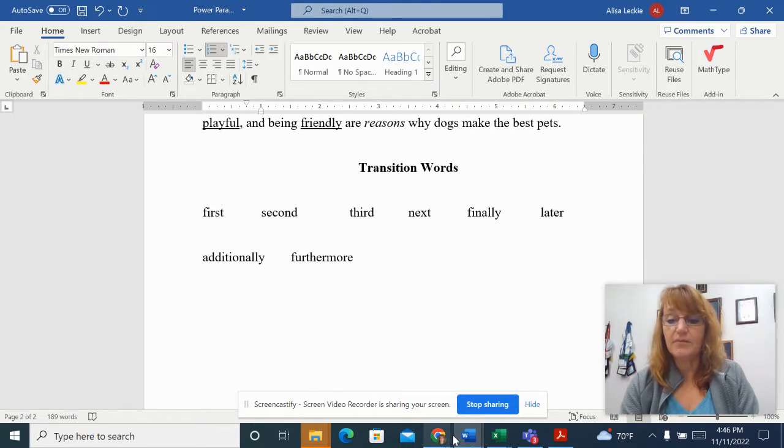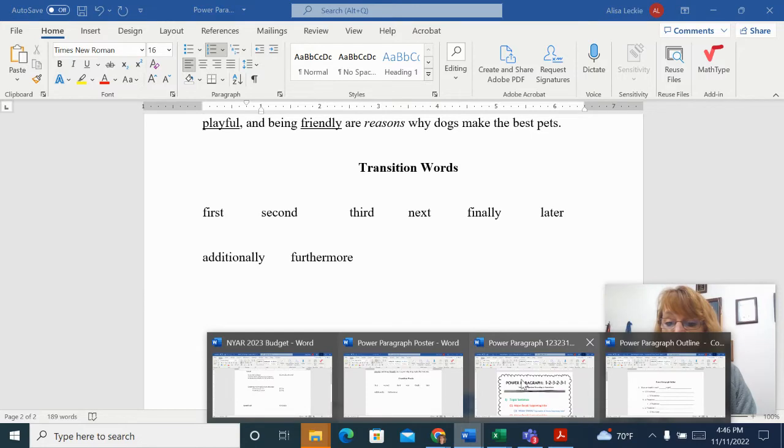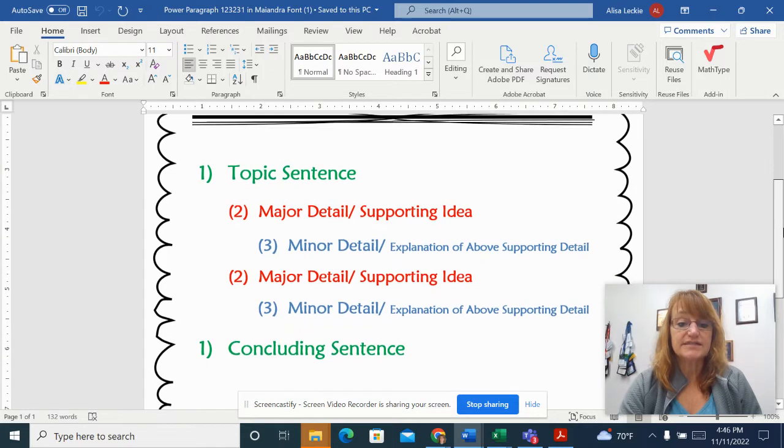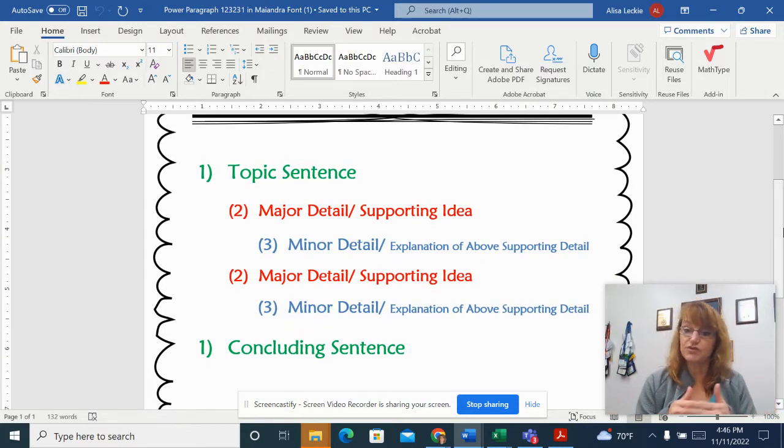Okay. I'm going to show you another poster that I'm going to share with you that you can print and give to students. It's a shortened version of the power paragraph. So instead of having the three reasons with the two details, we just have two reasons or major details and then one minor detail each.